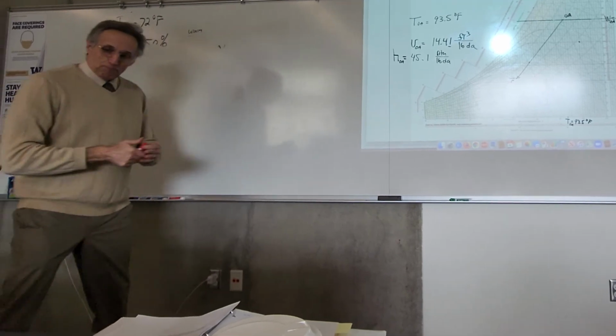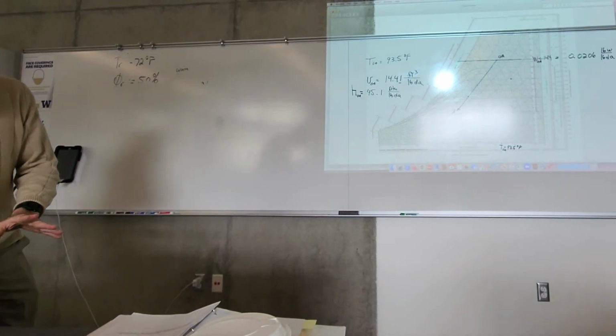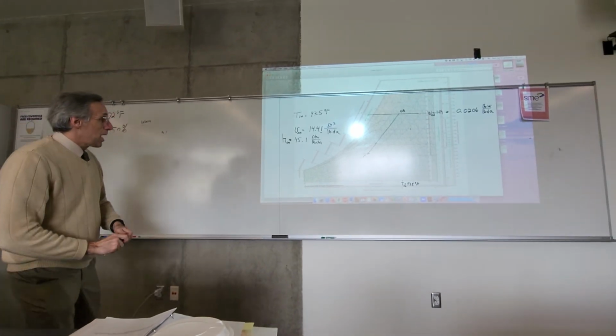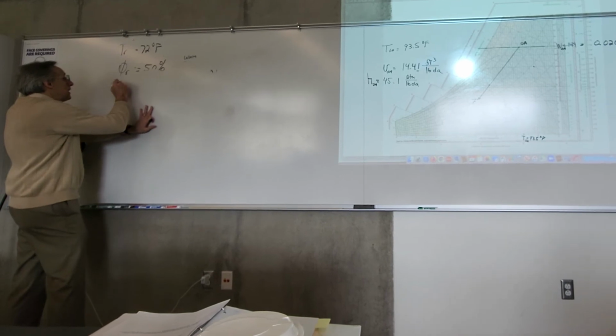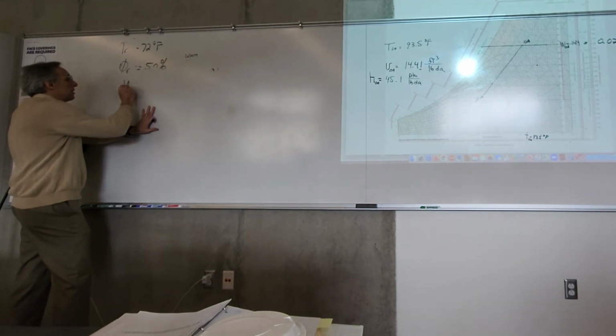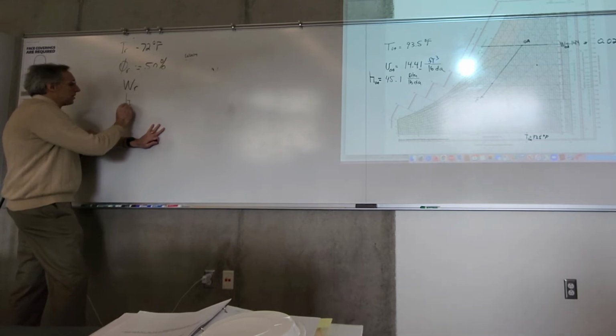So we've got our return air state. The first thing we want to do is get the necessary properties. So at R, the two properties we need are the humidity ratio and the enthalpy.